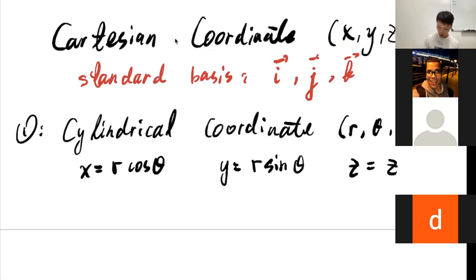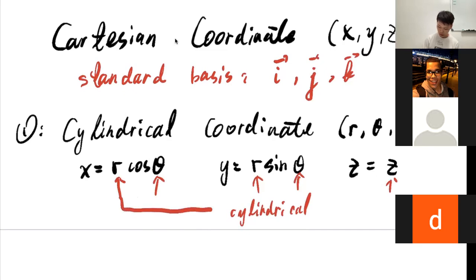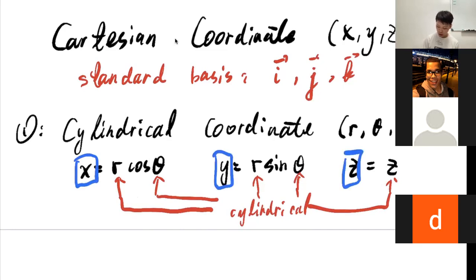The r here is in the cylindrical. These are cylindrical, or these red arrows, and the x, y, and z are Cartesian.